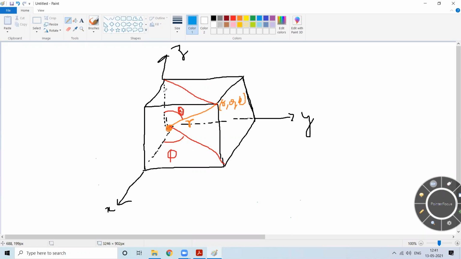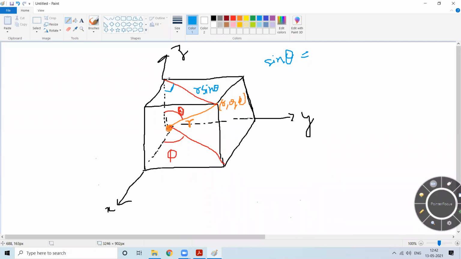So if I consider the right angle triangle, then with respect to this angle and with respect to this theta, this side will be r sine theta. Sine theta is opposite upon the hypotenuse.